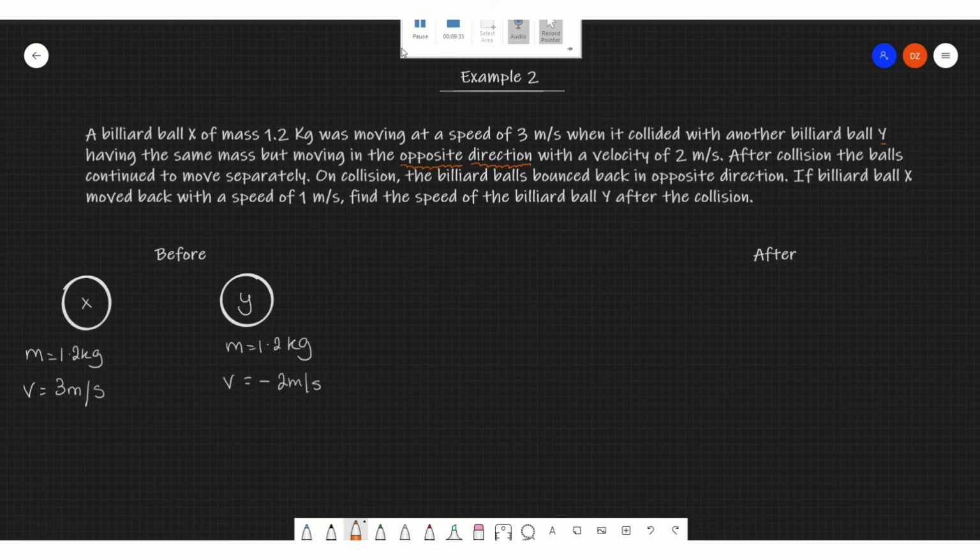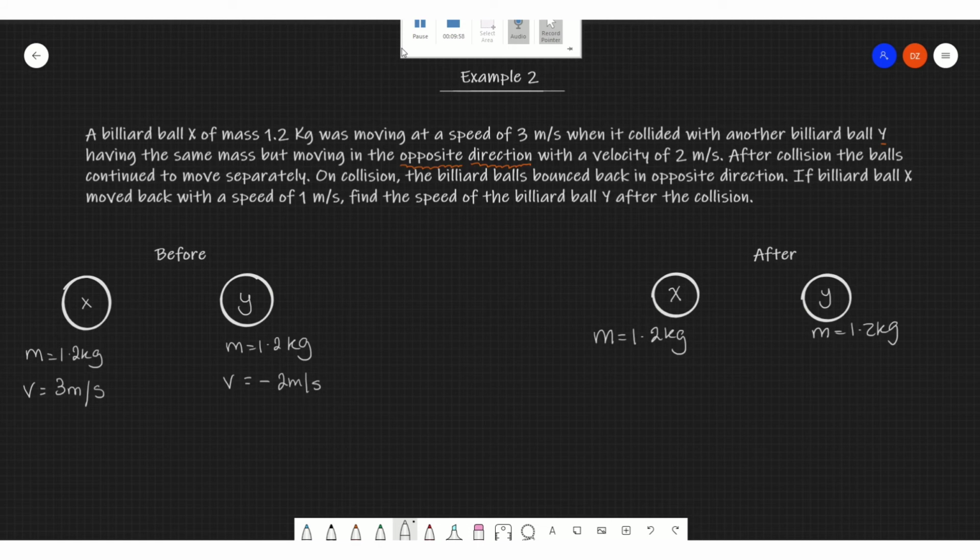Now, after collision, we also have the two separate billiard balls, X and Y. We know that after a collision, the mass remains the same, but the velocity changes.